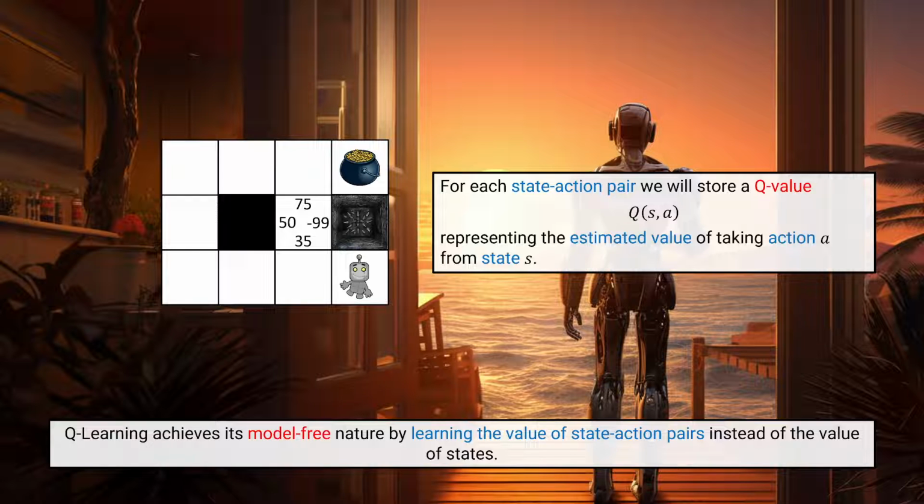So usually you were in an old state, you took an action, and then you arrived at a new state. Well, we don't apply the value to that new state, we apply the value to the state action pair that got you there. So different state action pairs could have different Q values arriving at the exact same state. Okay, so this is one thing that's going to be different.